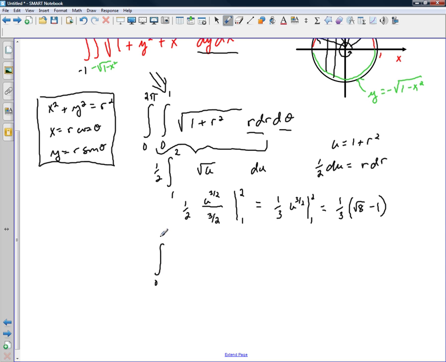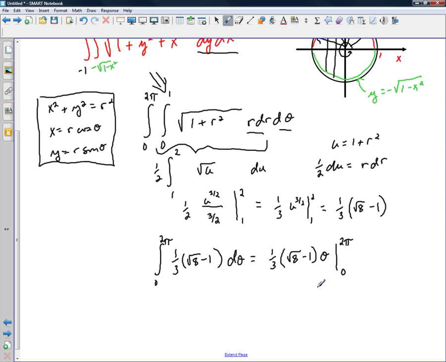0 to 2 pi. We've got this big constant here, 1/3 radical 8 minus 1, d theta. So when we integrate that, we'll get 1/3 radical 8 minus 1 times theta with an upper limit of 2 pi and a lower limit of 0.